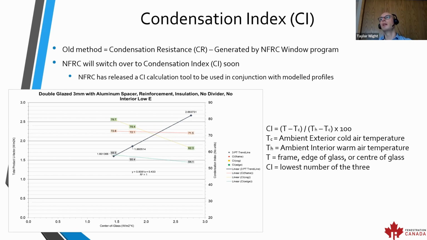So with that lowest temperature, we can calculate the CI, the condensation index. Using those variables, we can calculate whether or not condensation will develop on the frame or the glass, which in Canada is often an important factor.